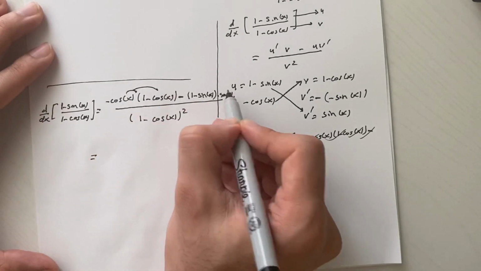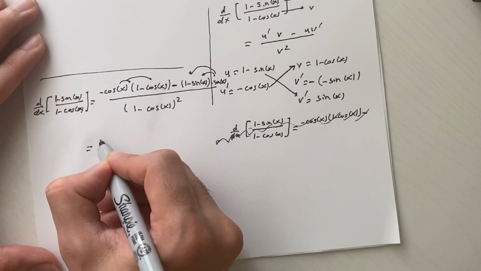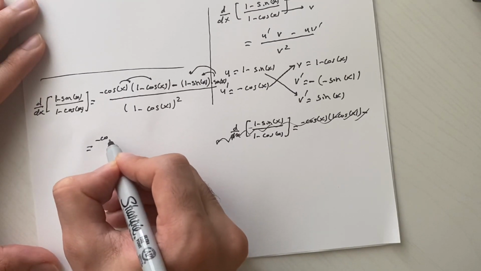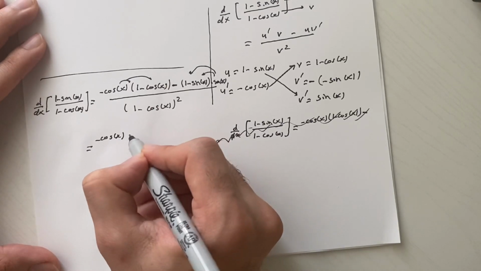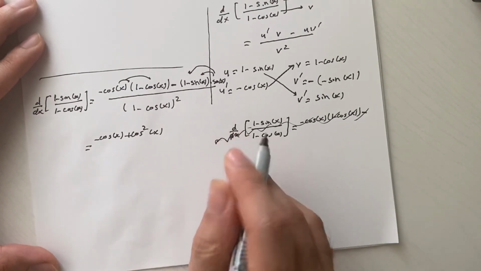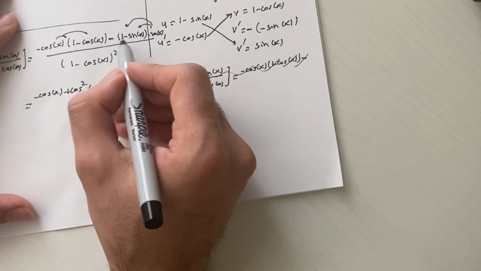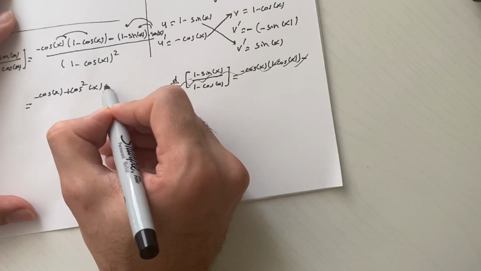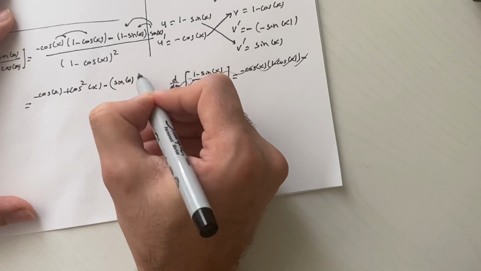Now I'm going to distribute these terms inside so I can simplify later. So that's going to be minus cosine of x, and then a plus cosine squared of x, and then I'm going to leave the negative sign, and later I will take care of it.